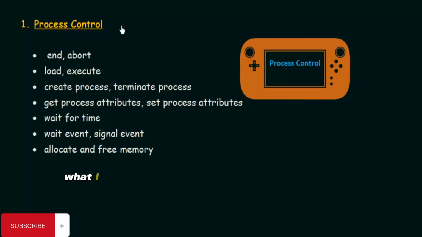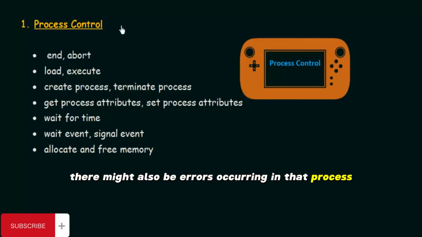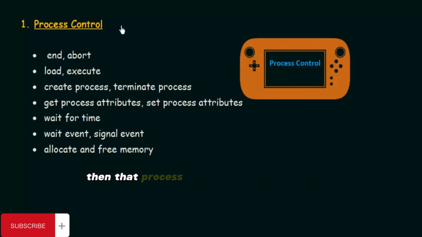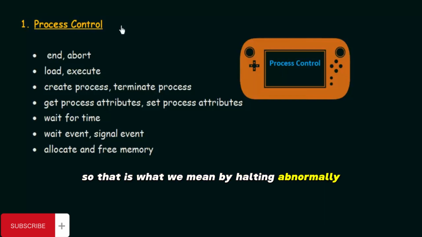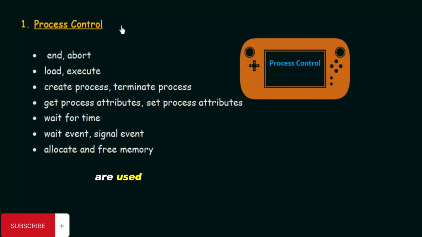By normally, I mean that the process should come to a halt when it completes its execution. Otherwise, there might also be errors occurring in that process. If an error occurs in the execution of a process, then that process has to be halted or aborted. That is what we mean by halting abnormally. So the system calls that are used for controlling processes fall under this category of process control system calls.